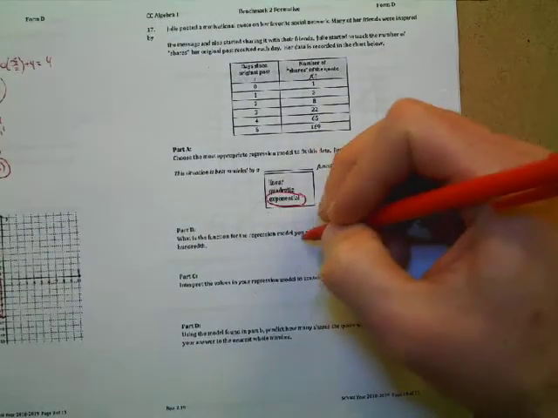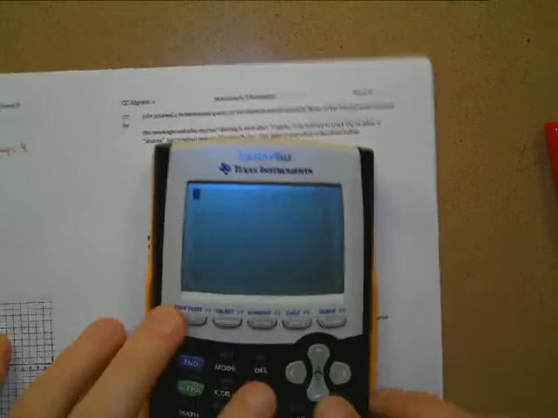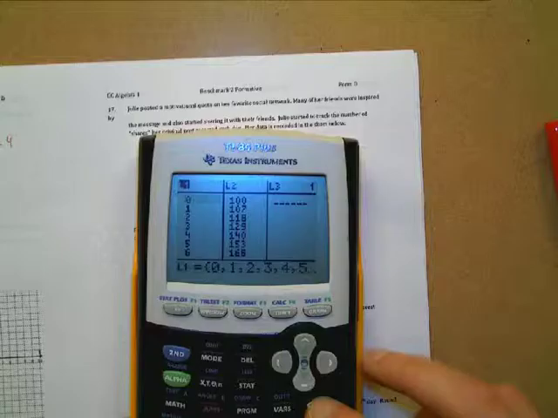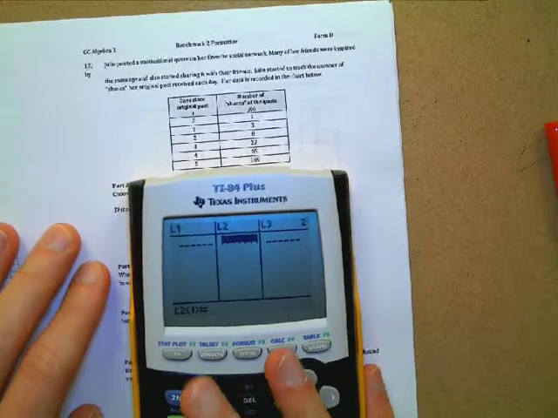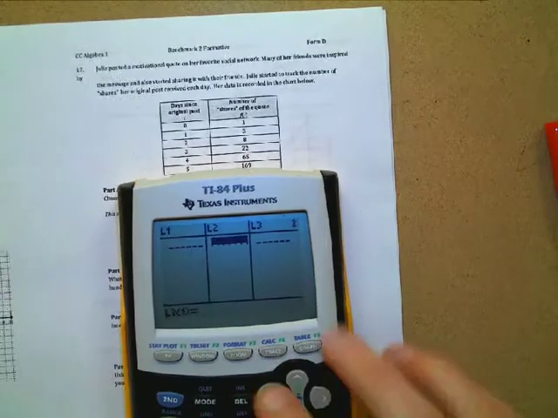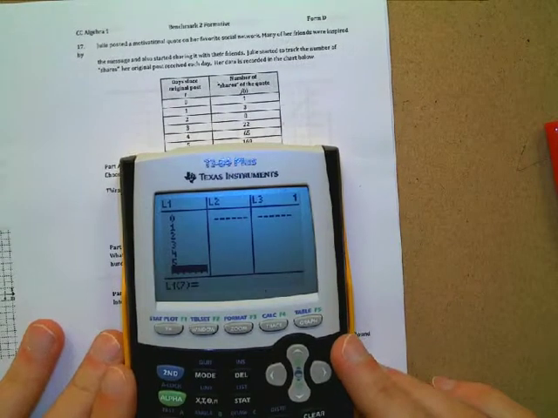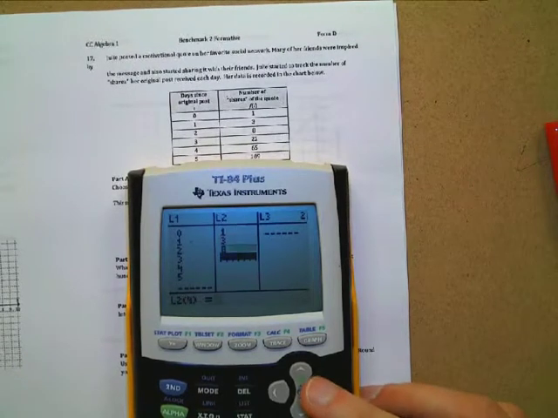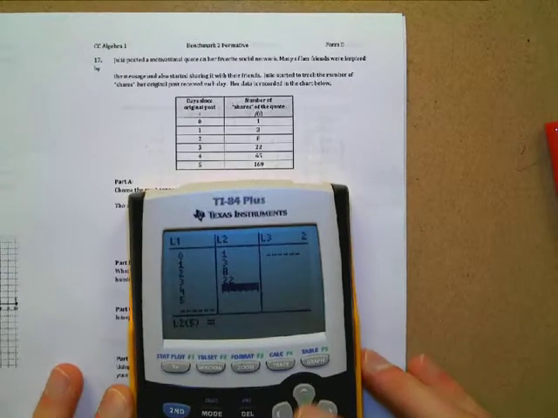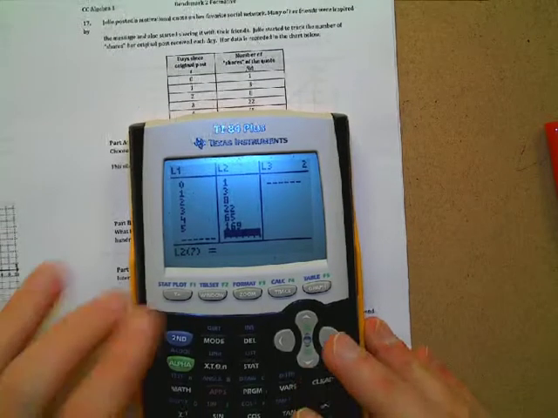So we're going to come up with the regression model here. This is where you go to stat edit, clear out the data in your list 1 and list 2, and we're going to type in 0, 1, 2, 3, 4, 5, and then the shares.